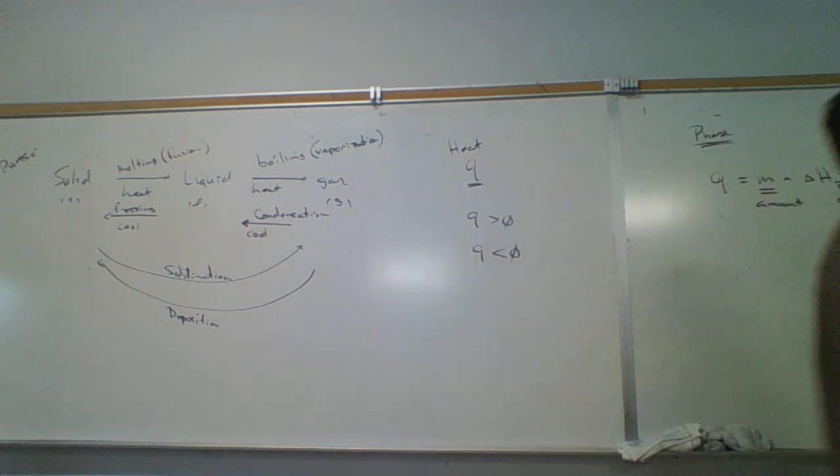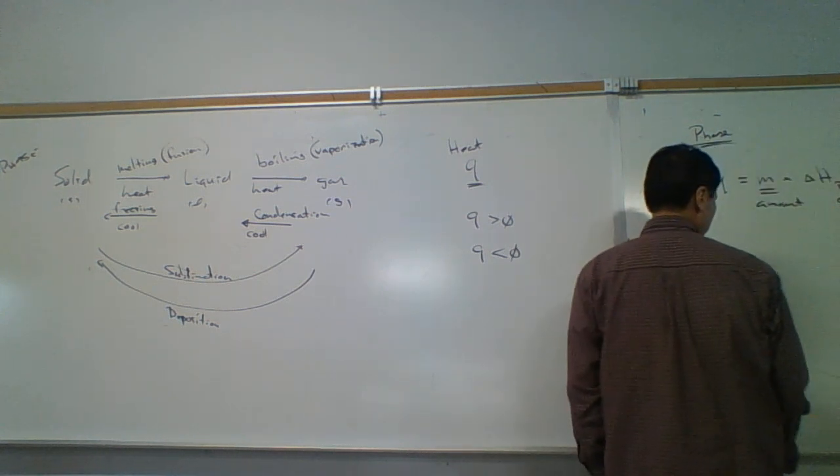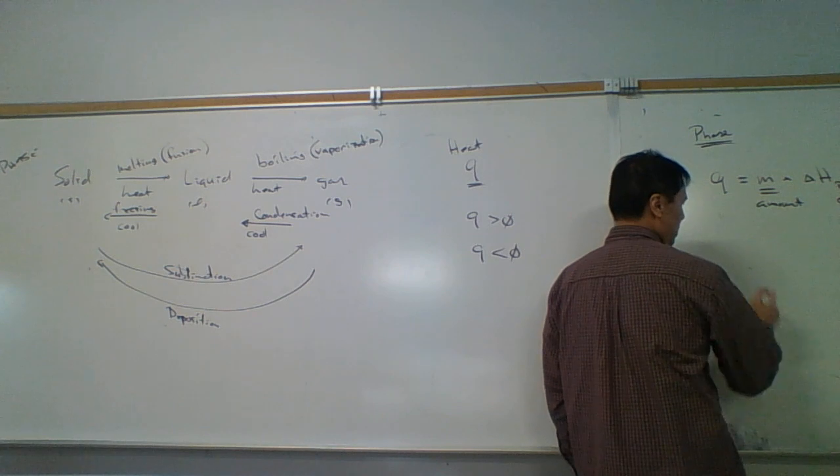And so what are our delta H's of phase change? Well, we have fusion here. If we want to melt ice, it's going to cost us 333 joules per gram. We also have the heat of vaporization. If we want to boil water, it's going to cost us 2.26 kilojoules per gram. But what about freezing and condensation?